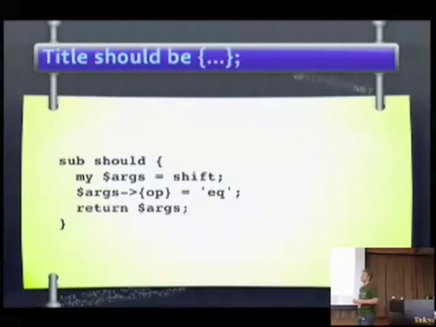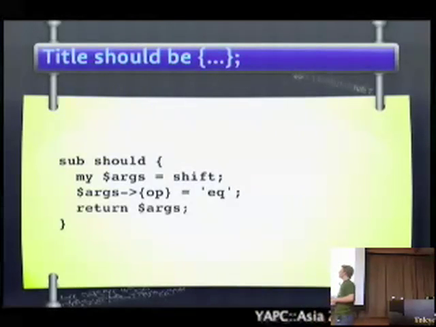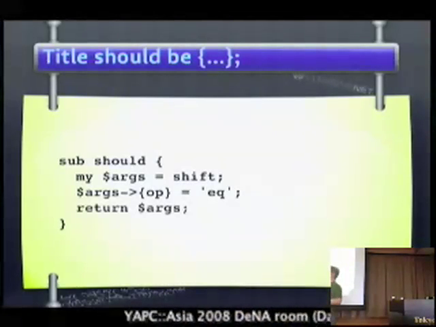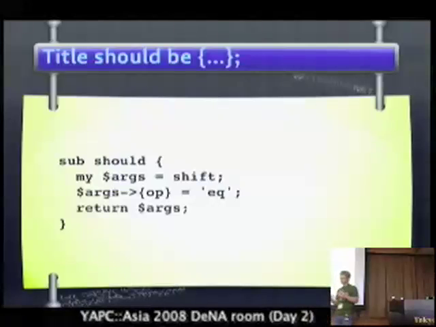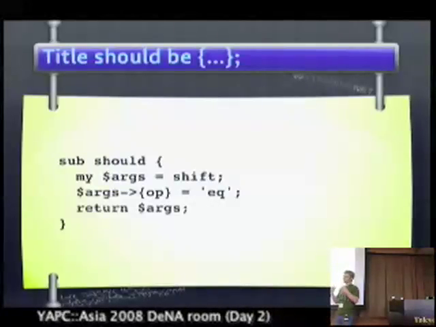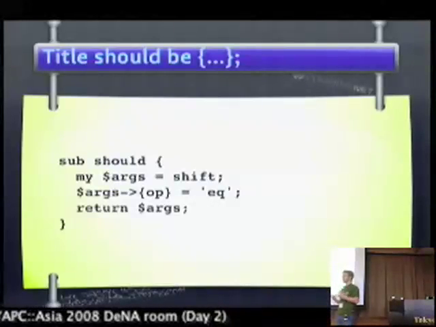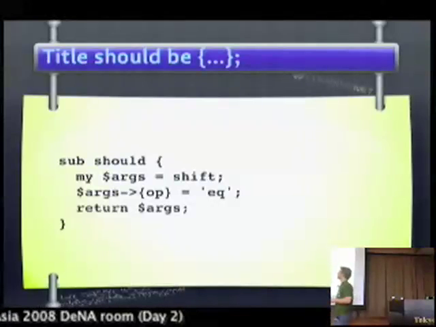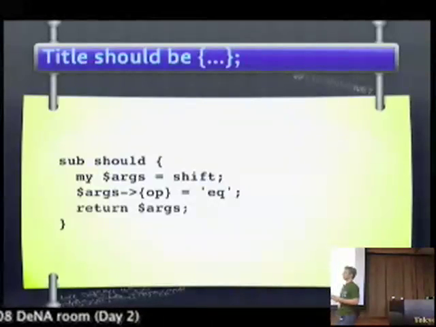Yes? Is equality more of a property of be? Like, do you have should match, etc.? Should be and should match and shouldn't be and shouldn't match are all phrases that work together. Should be kind of works together in this particular case, but I couldn't have put it in be because of the way that the calling happens.